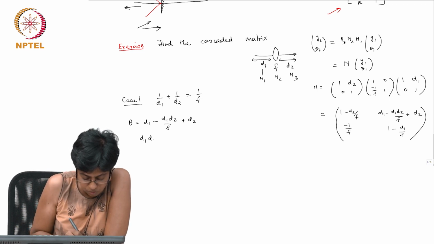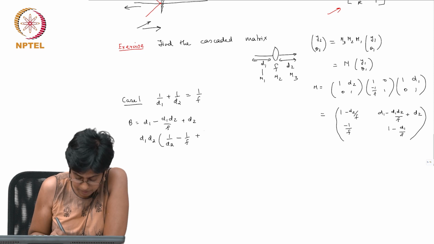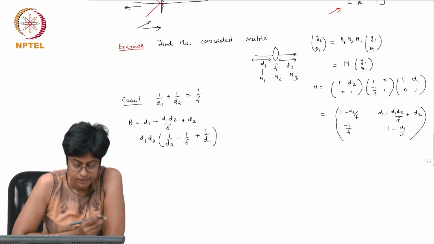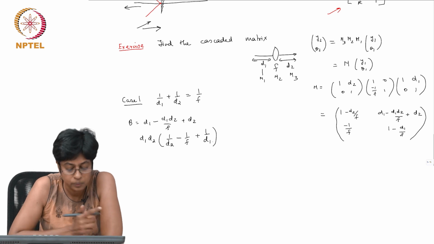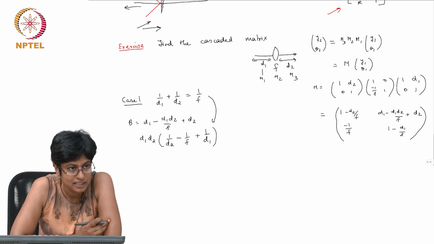If I take out D1 D2, I will have 1 over D2 minus 1 over F plus 1 over D1. And now, if I apply this condition, you can see that the term in the bracket is going to go to 0.